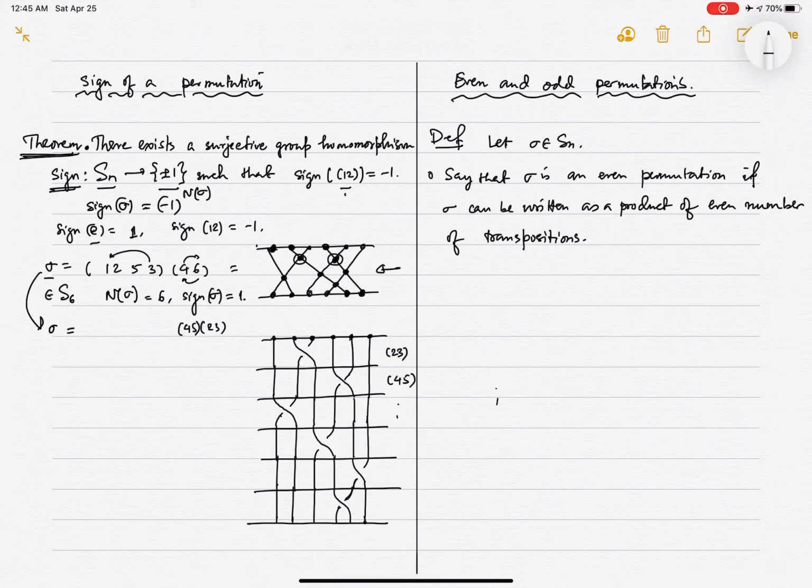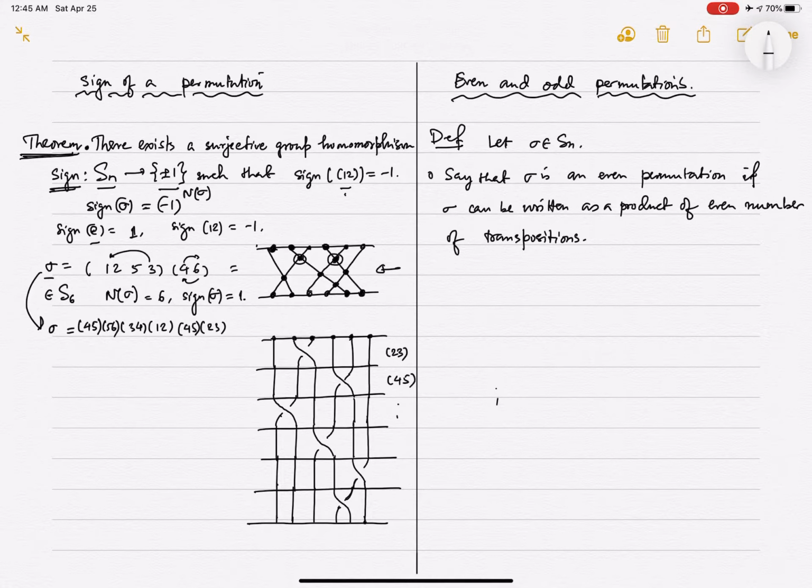Let's keep reading. Then 1 and 2 cross, then 3 and 4 cross, then 5 and 6 cross, and then 4 and 5 cross. And I claim sigma is the product of these transpositions. And you see each flip corresponds to one crossing, basically.